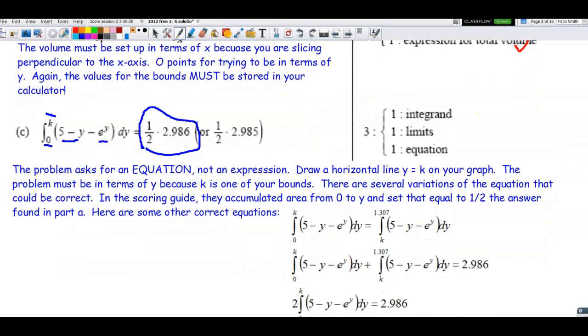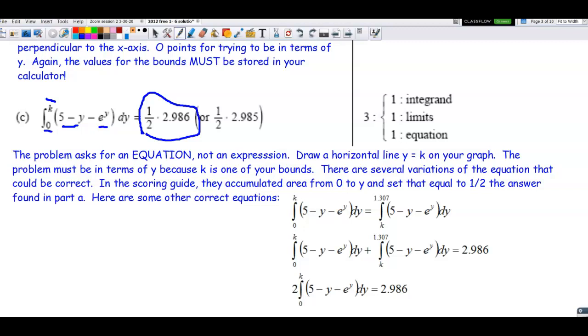Now, some other ways to do that. So notice that the problem asks for an equation, not an expression. And we drew the horizontal line, and we know that we're in terms of y, and there are several variations of the equation that could be correct. So the student could go from 0 to k, right minus left, and say that that would be the lower region.